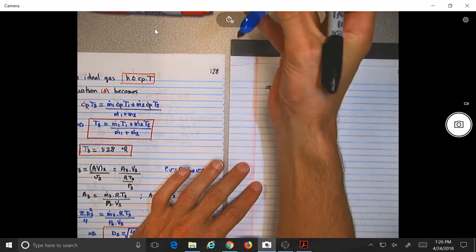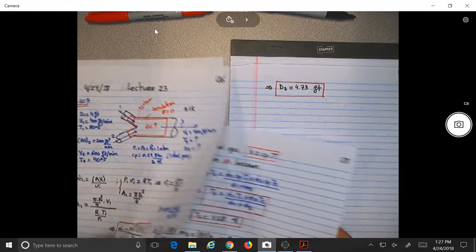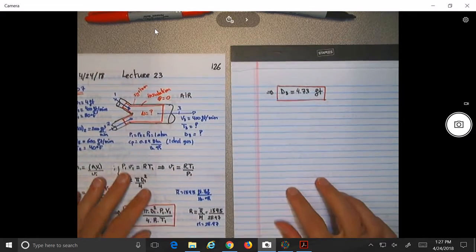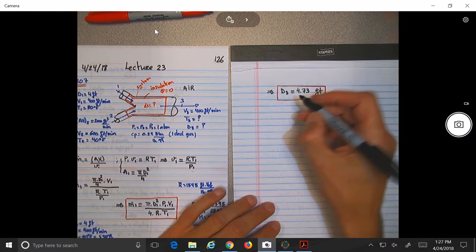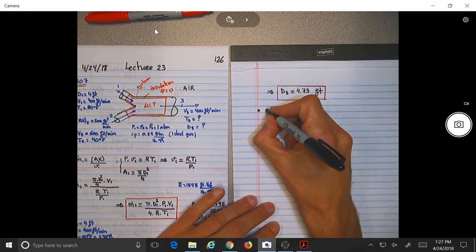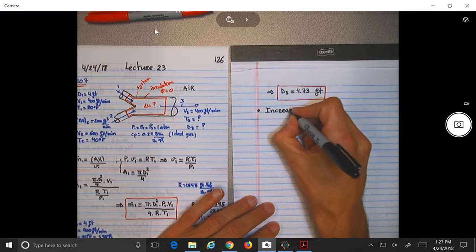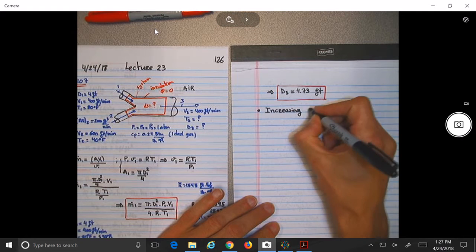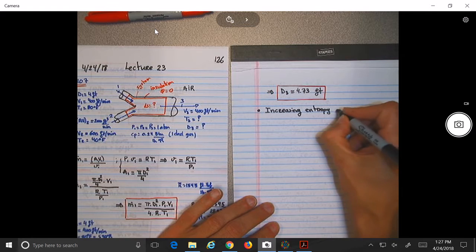All right, so now what I need to find out is what is the entropy change throughout the system. So what is the increasing entropy equation?